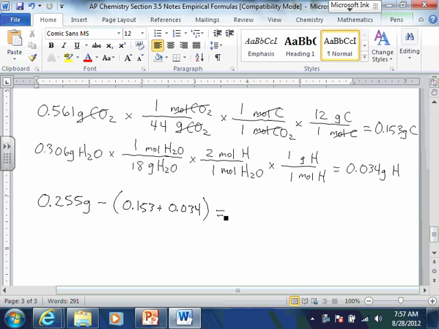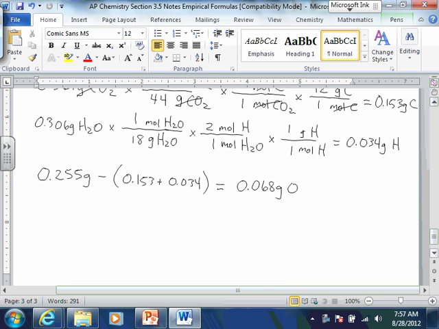So that's going to give us 0.068 grams of oxygen. Let me double check that just to make sure I did that right. Yeah, 0.068 grams of oxygen. Okay. So now we have the mass of all 3 of our things that make up the isopropyl alcohol.